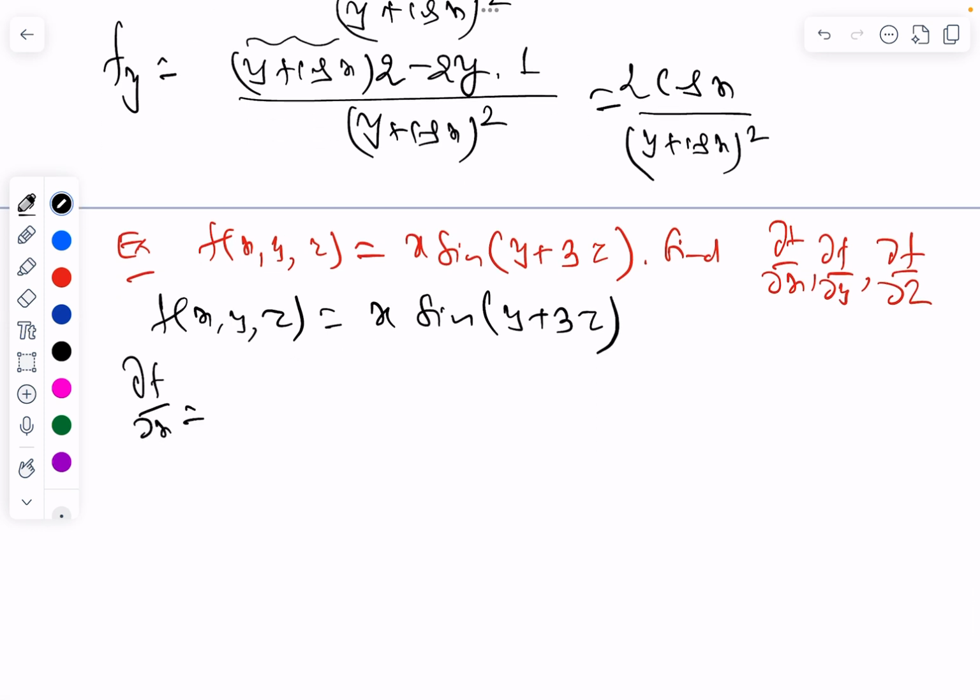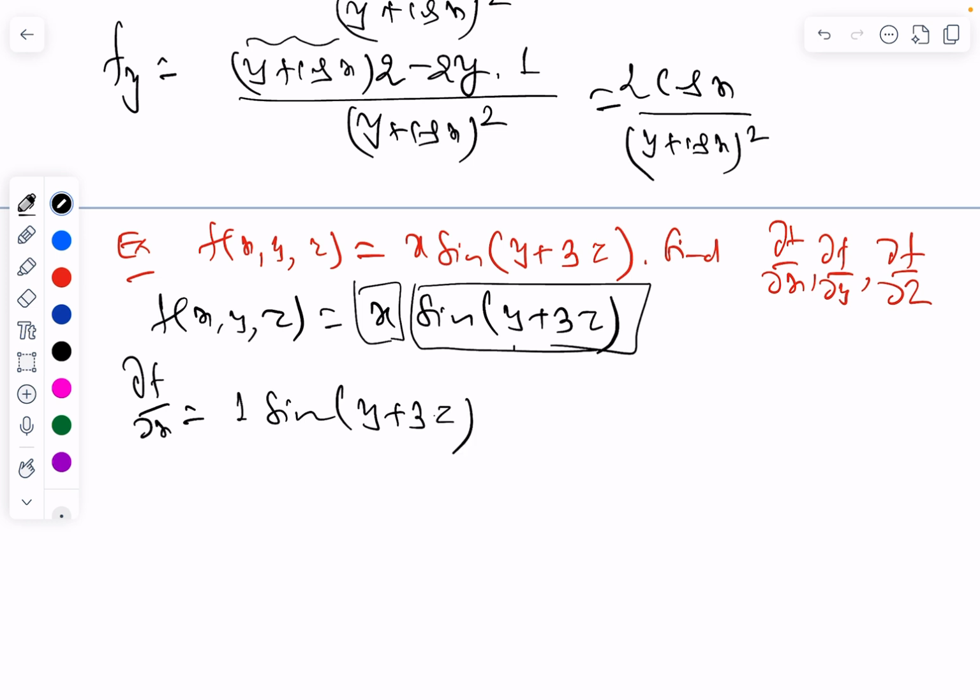Del f by del x, partial derivative with respect to x. So we have a product of two functions. The derivative of x is 1, and keep sine of y plus 3z, since there is no x in it, so it stays as it is. So the answer is sine of y plus 3z.